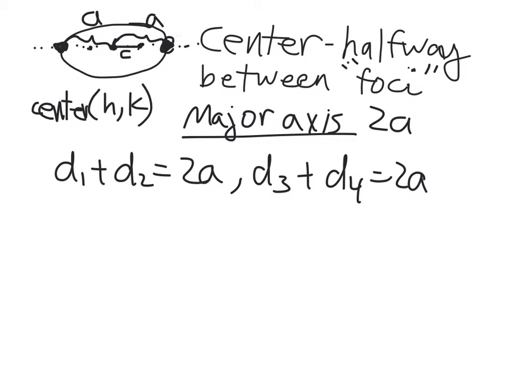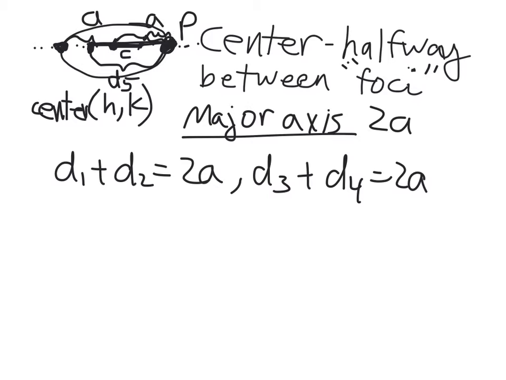Well, let's call this point P from our definition of the ellipse. And if we go from one focus to that point, we start to get a little cluttered in there, but we can say this part would be one of the distances. Since we already got D1 through D4, let's call that D5.